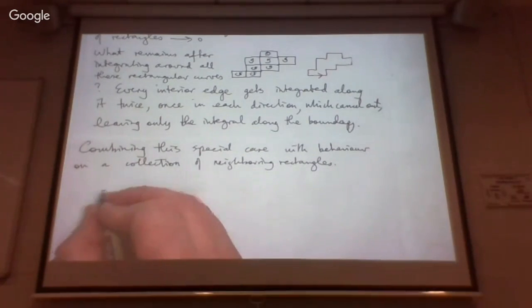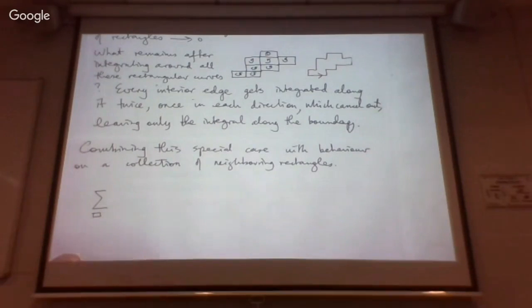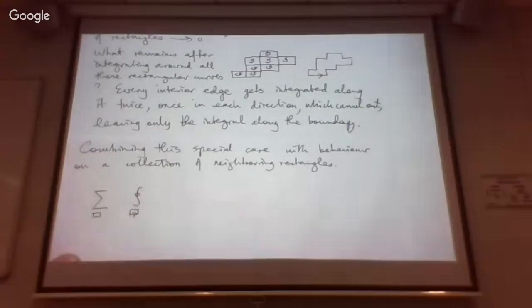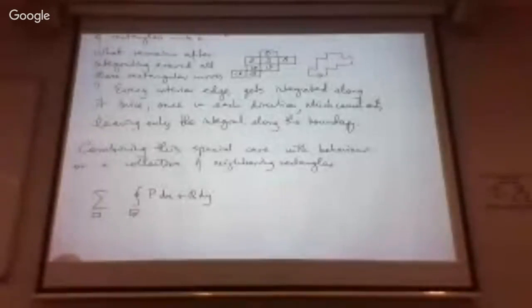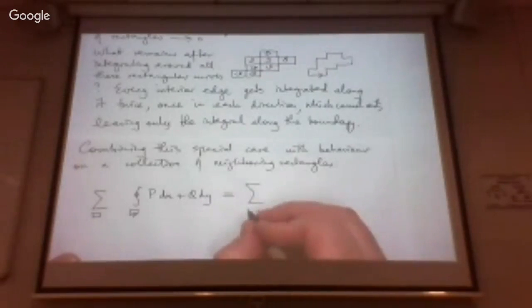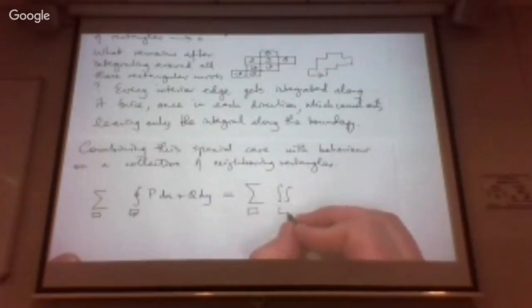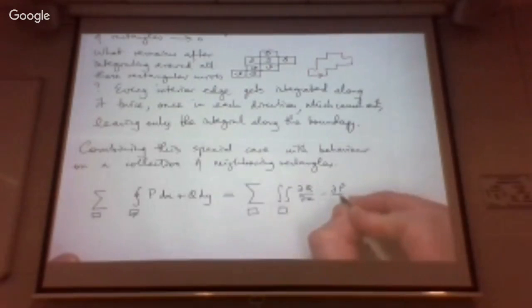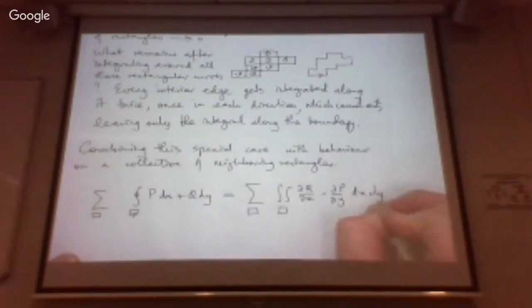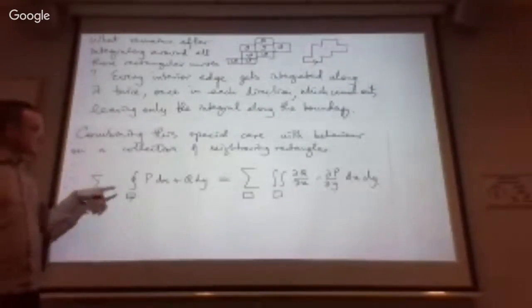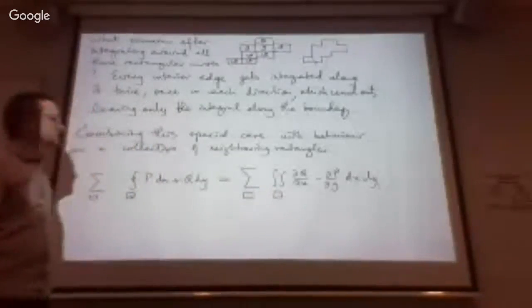Well, on the one hand, we're summing over all the rectangles the closed path integral around the boundary of one rectangle, P dx plus Q dy. This will be equal to the sum over all the rectangles of the double integral over each rectangle, dQ/dx minus dP/dy, dx dy. Okay, that we get from proving the special case for integrating over a single rectangle.